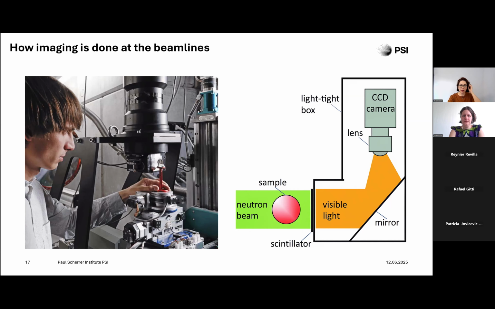What happens is that this scintillator, which could be a gadox scintillator, gadolinium oxysulfide, transforms the neutrons into visible light, and then the visible light is reflected by this 45-degree mirror into the lens-coupled CCD camera, for example.